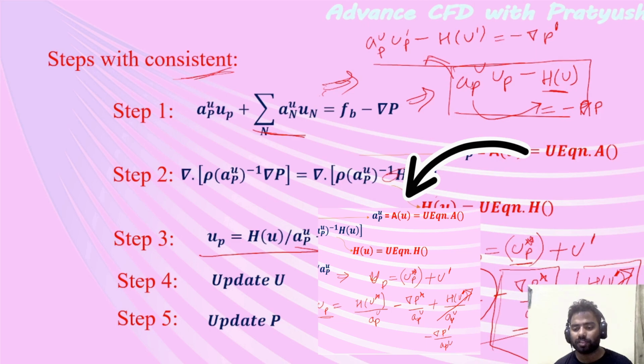Okay. So sometimes it happens that the correction in the pressure is very large. If the correction in the pressure is larger, then it is going to update the velocity by a large amount. But this pressure term only depends upon one equation, that is the continuity equation.